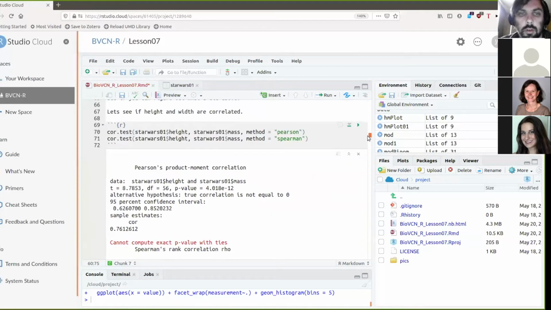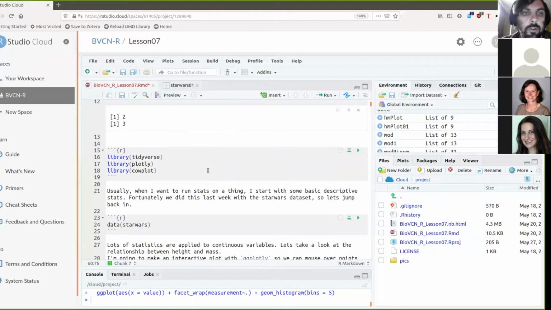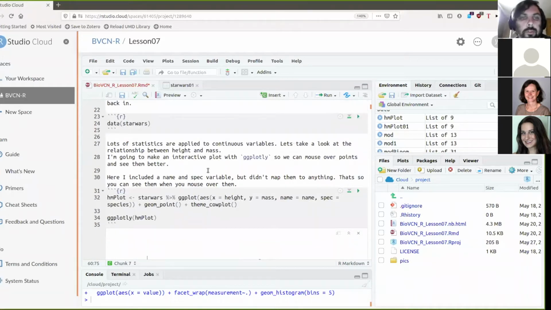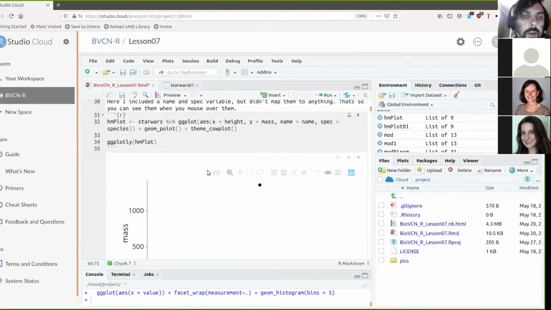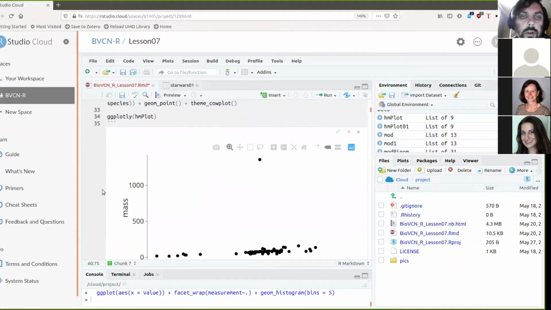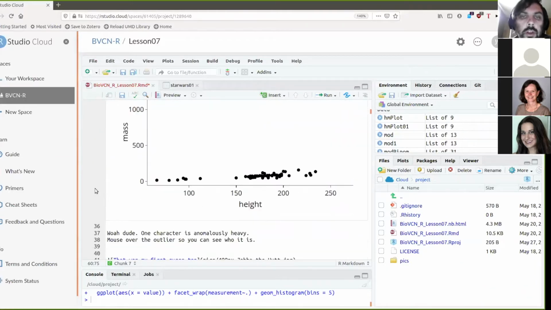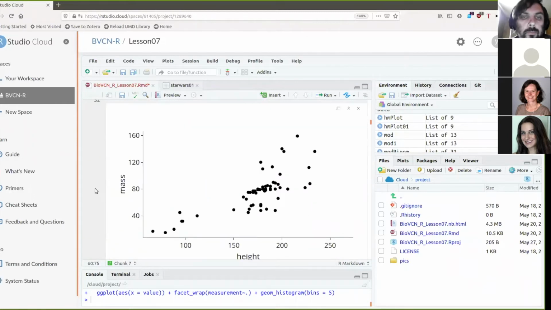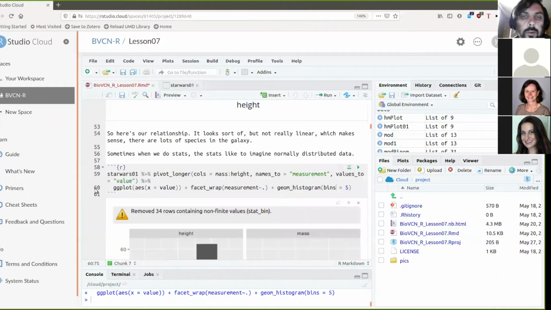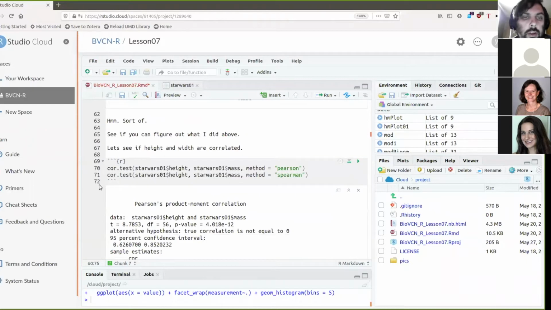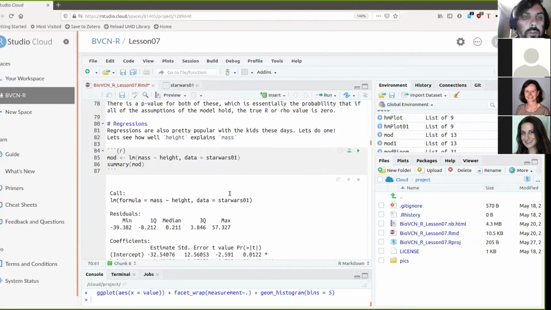Last week we were working with the Star Wars data set. This is an example data set. We looked at the data and did some correlations. We did some histograms. We used cor tests to look at Pearson and Spearman correlations.